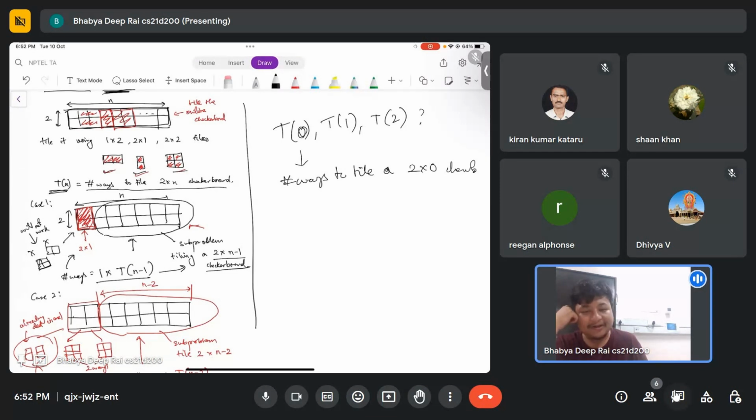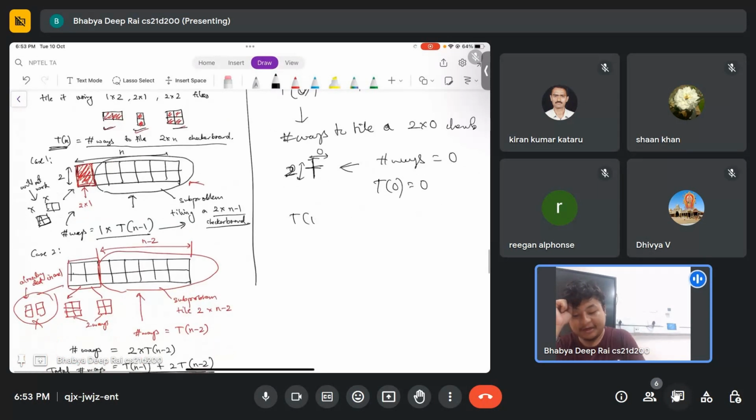It sounds absurd, right? Its height is 2, but its width is 0. So this cannot be done by the tiles that we are given. So the number of ways equals 0. So T of 0 equals 0.